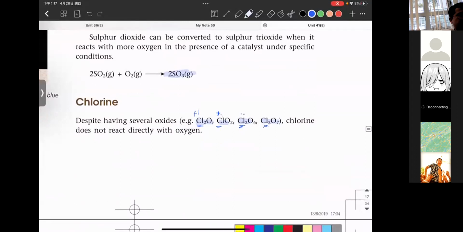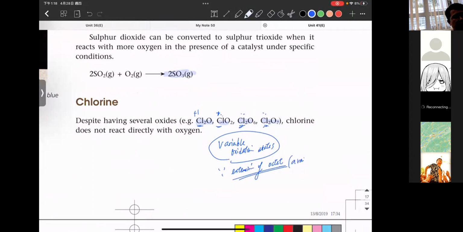And then now you may count it by yourself, okay? So you may find chlorine would have variable oxidation states. Now, because of what? Because it can have an extension of octet. Why?